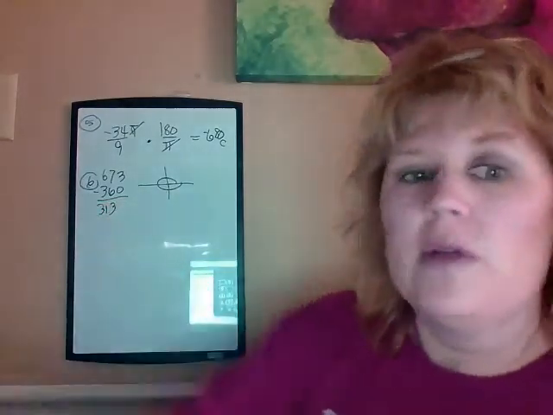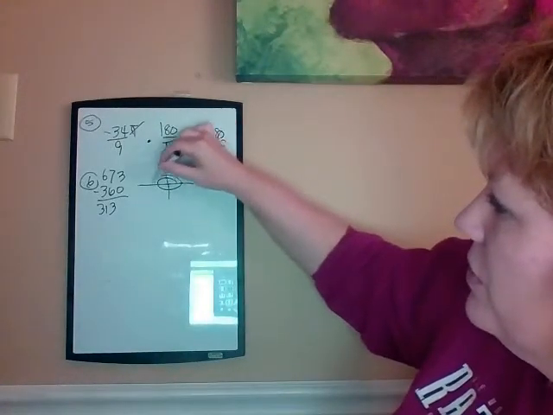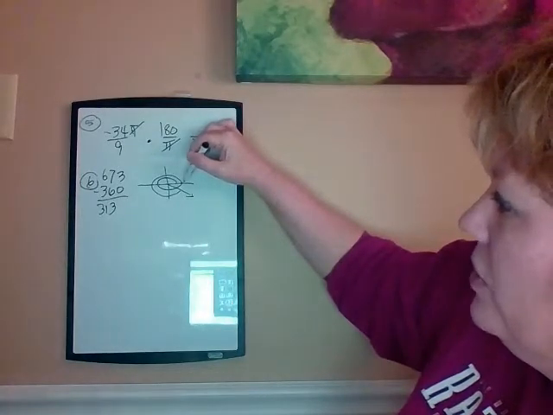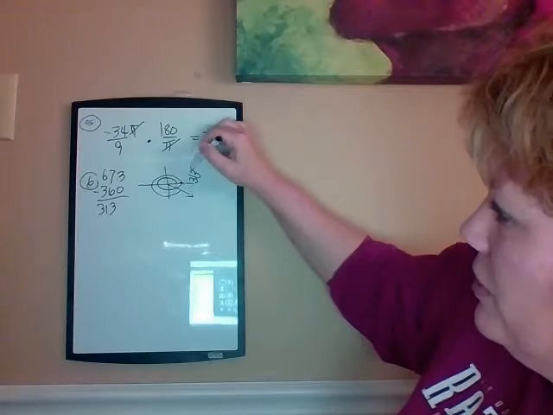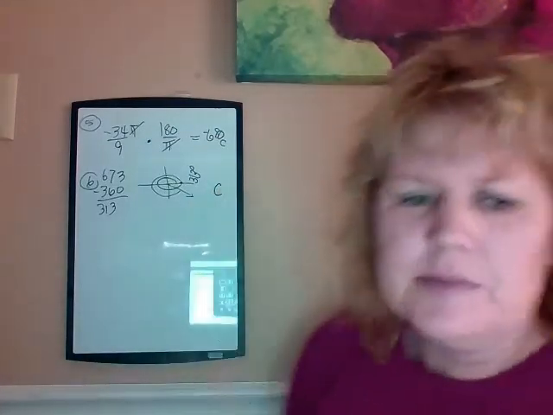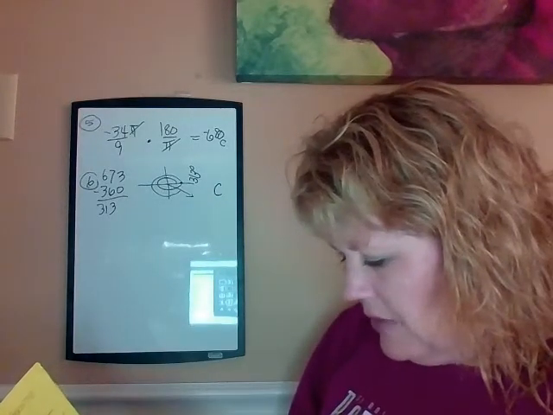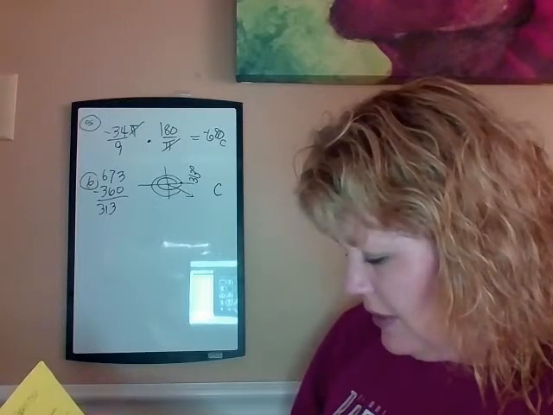That's less than one full trip around the circle, so you're going to go another 313 degrees. So the coterminal angle would be the one that started here and went there 313 degrees, and that's answer choice C.